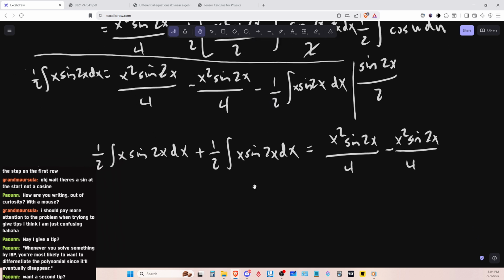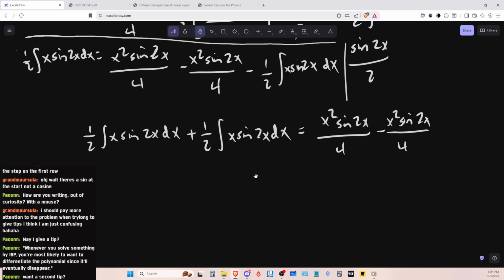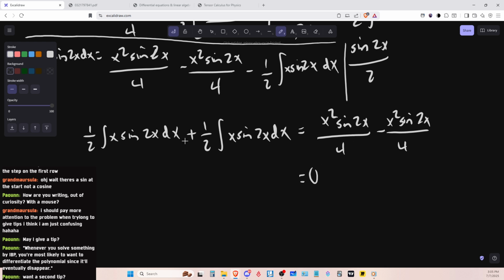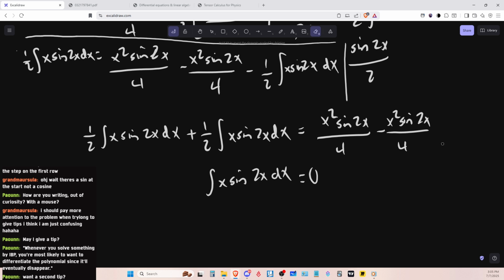Okay, it looks like I did everything correctly. So then, yeah, this would equal 0. So then plus a half. Then again, there would be a little constant there, but we're not going to do that until the end, actually.